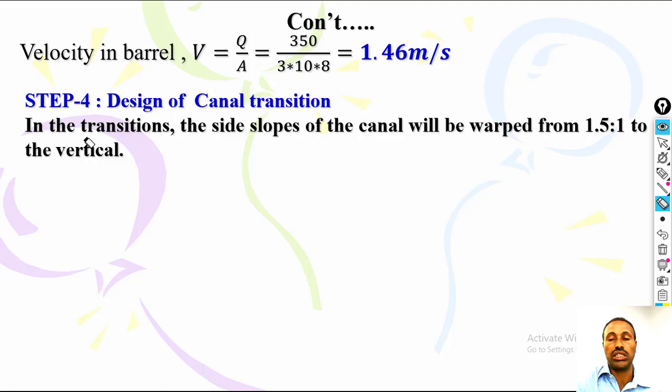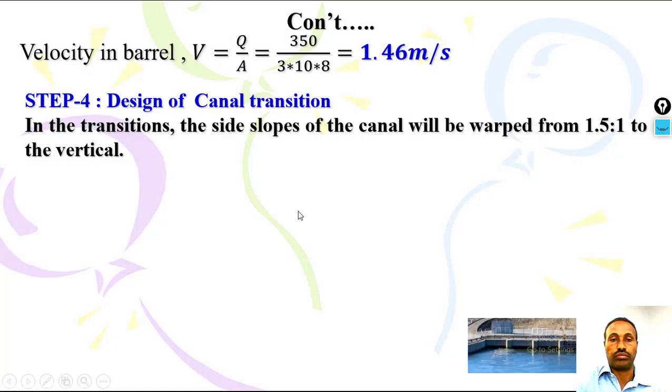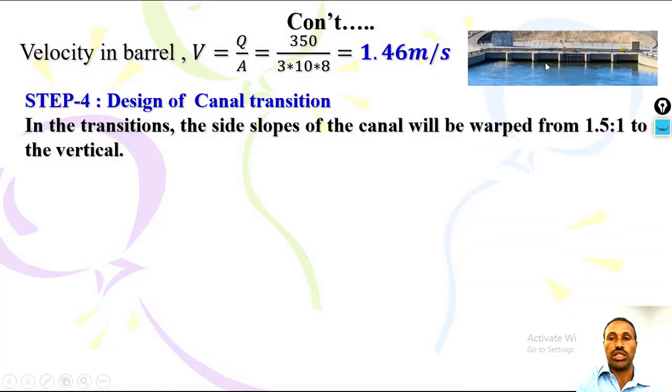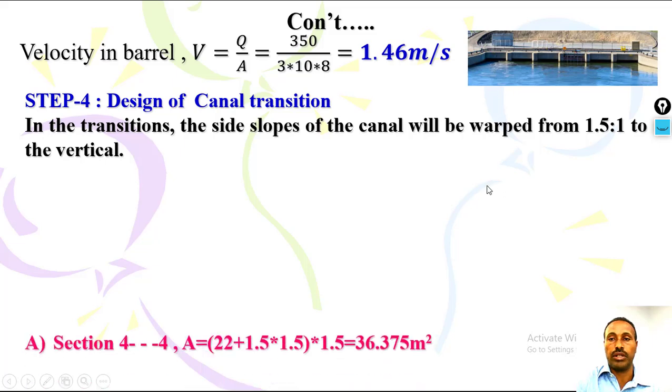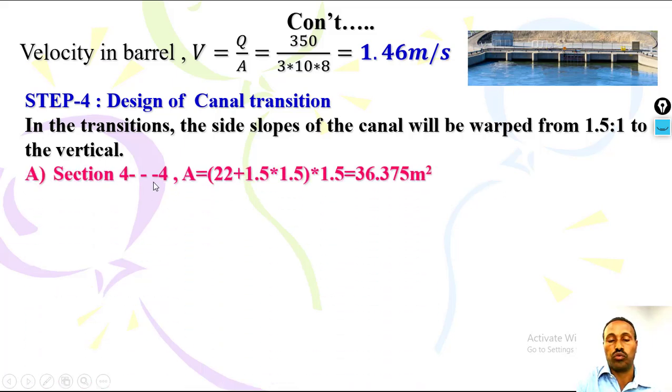Design of canal transition. In the transition, the side slopes of the canal will be warped from 1.5 to 1 to vertical. So this is just for the canal. Now let's see for the canal. This is just the drainage and canal above. Then section 4.4: let's start from section 4.4, which means the downstream.